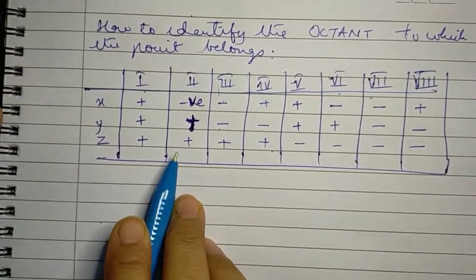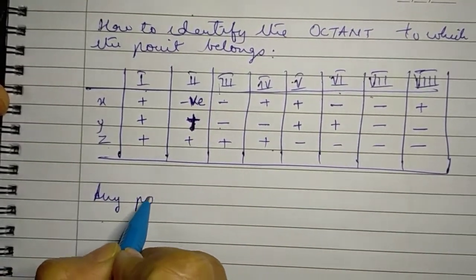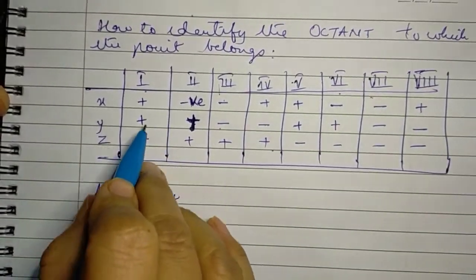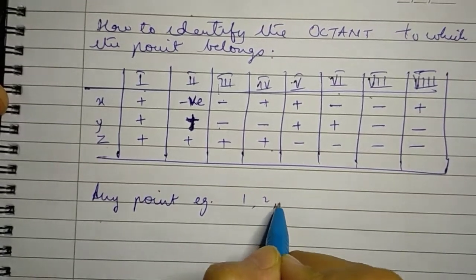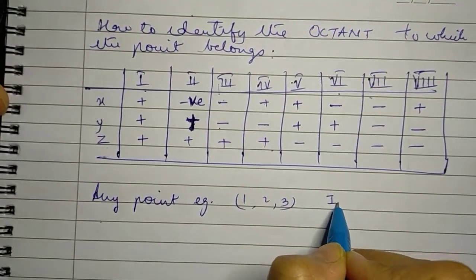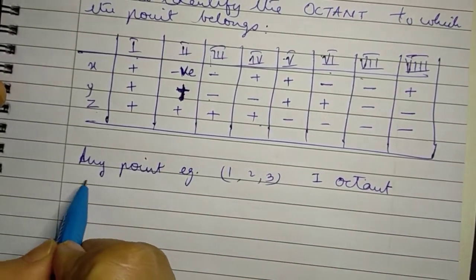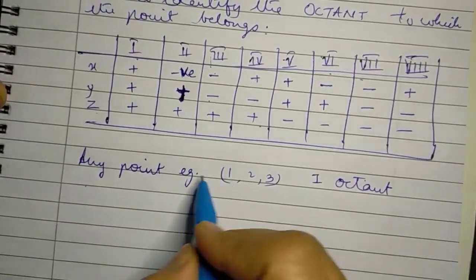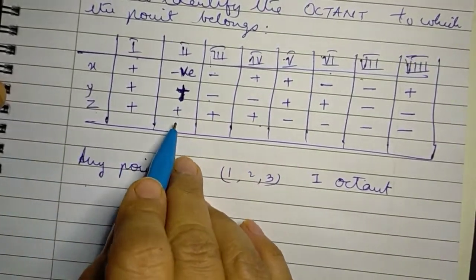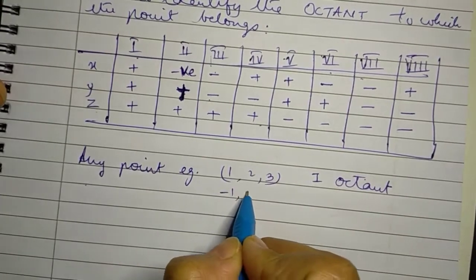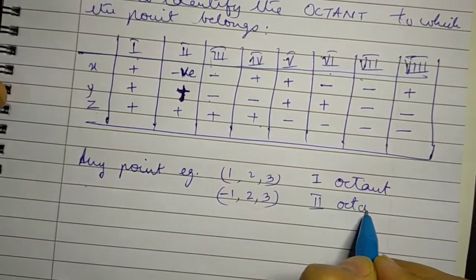So we can clearly identify any point which has all these 3 positive, for example let's say 1, 2, 3, it will lie in the first octant. Similarly, a point which has negative, then positive, positive, so let's say -1, 2, 3, will lie in the second octant.